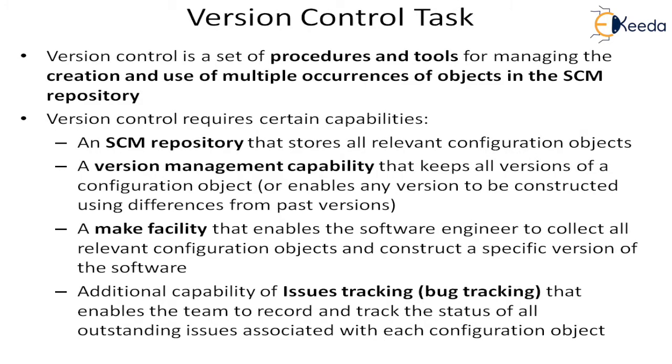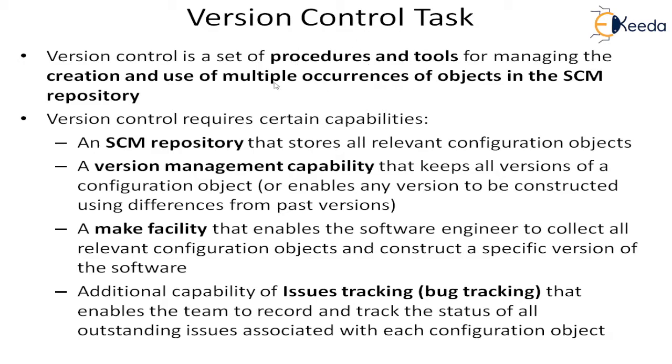Now we will go to the version control task. What is the version control task? A version control task is another set of procedures and tools for managing the creation and use of multiple occurrences of objects in the SCM repository. So that was change control, the change management procedure. Now this is the versioning or configuration management procedure.